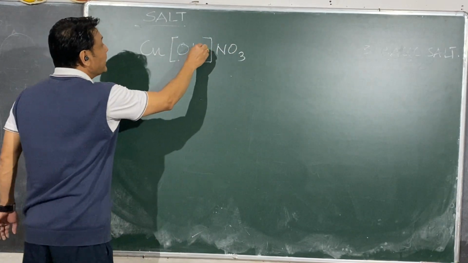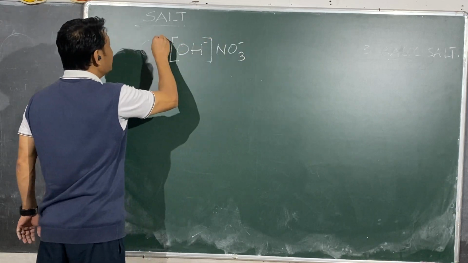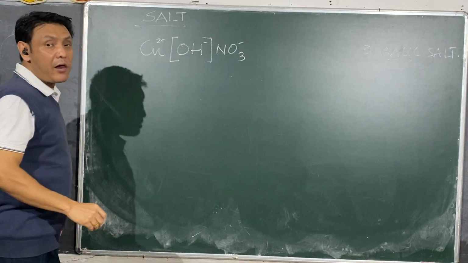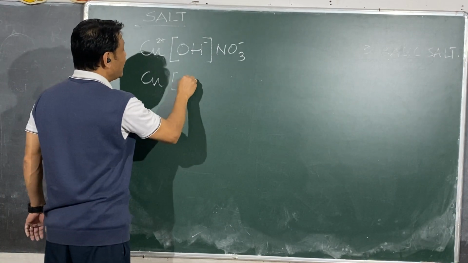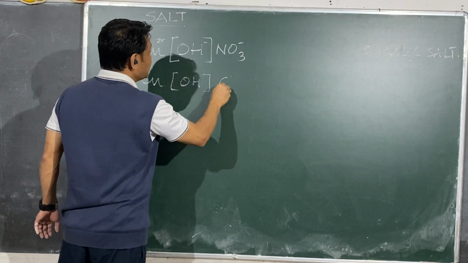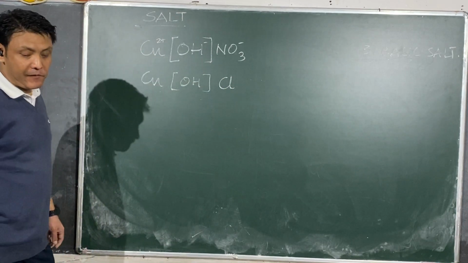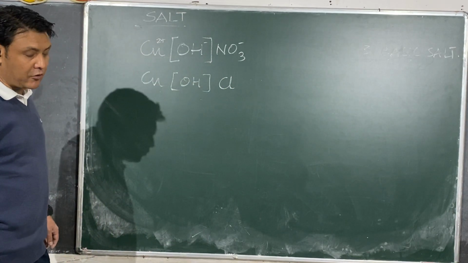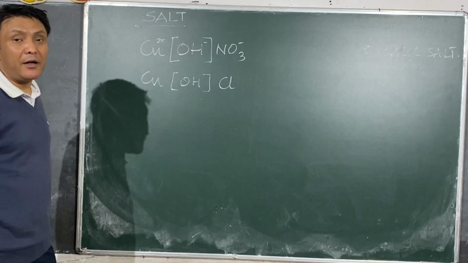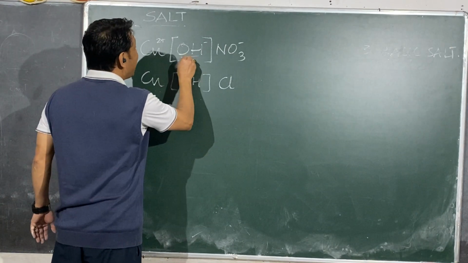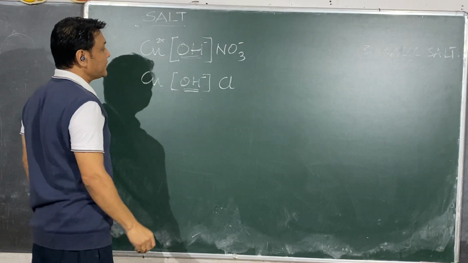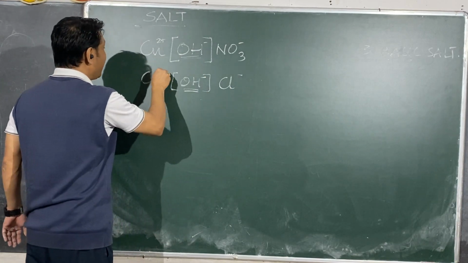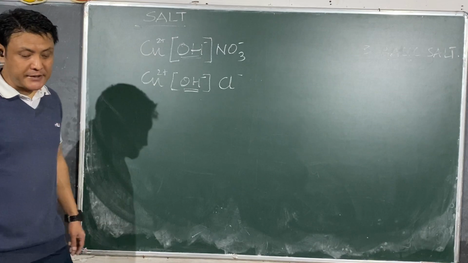It has two negative ions and one positive ion. Similarly, Cu(OH)Cl. This is basic copper chloride and this is basic copper nitrate, which contain hydroxyl ions of the base, OH minus. So this is a basic salt.